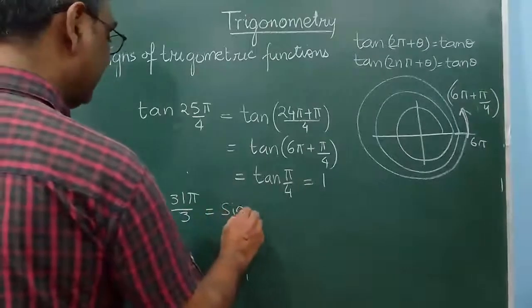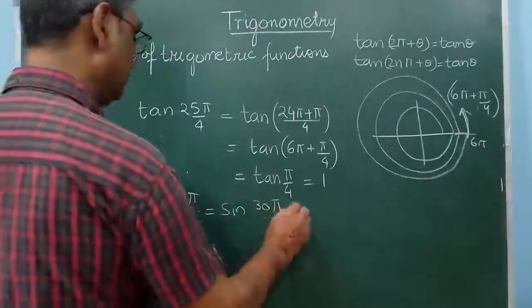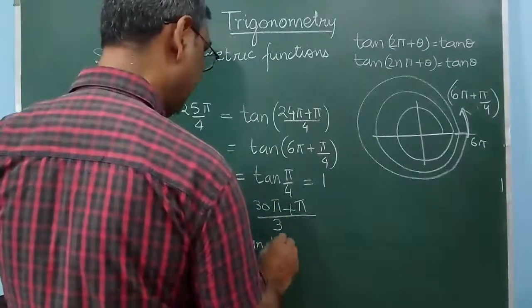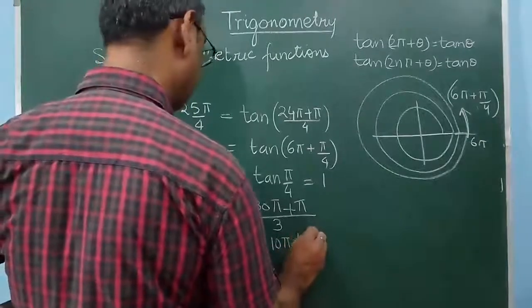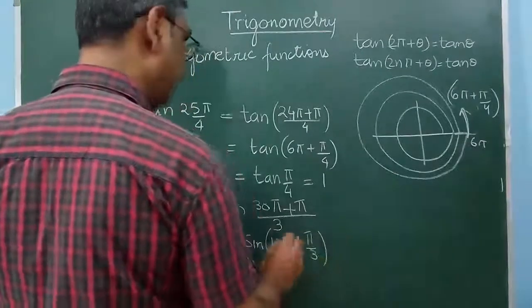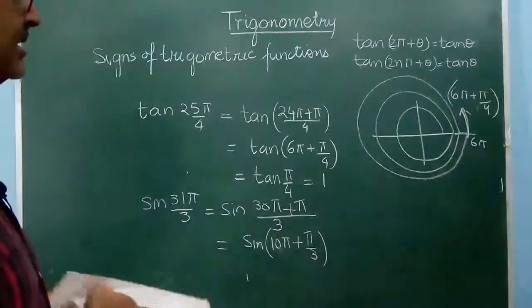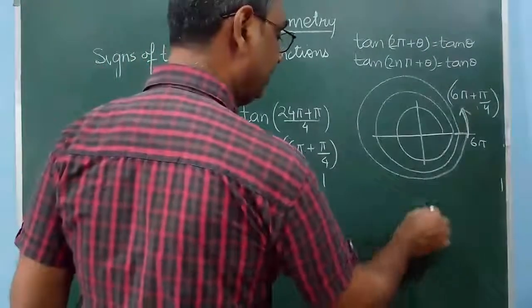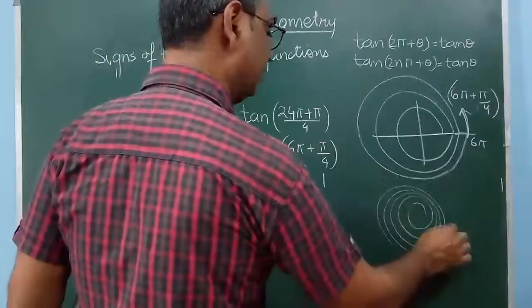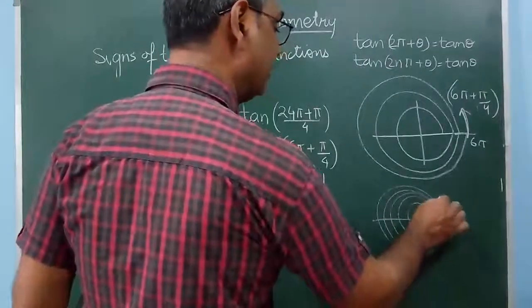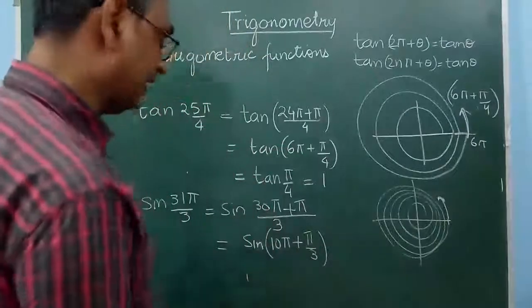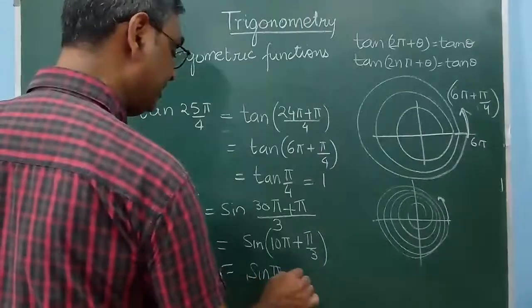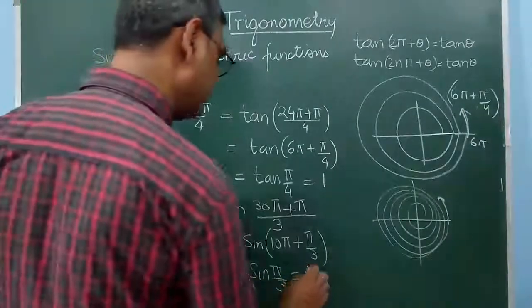Same thing we will do: sin of 30 pi plus pi by 3, so sin of 10 pi plus pi by 3. 10 pi is even, 2 pi into 5, so 5 rounds, and then again the first quadrant. So first quadrant means sin pi by 3. Sin pi by 3 is sin 60, which is root 3 by 2.